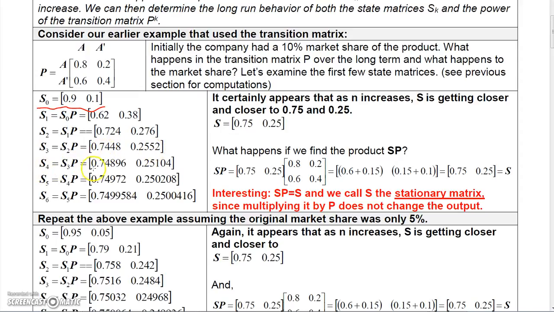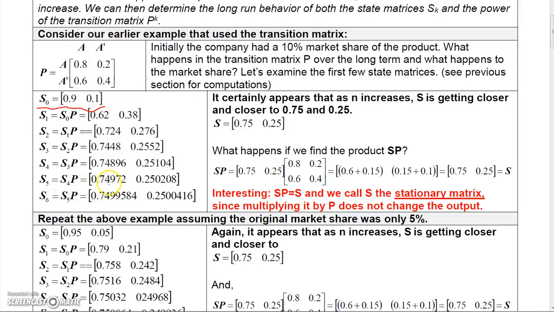And then S4, we notice we're getting 0.74896, 0.25104. And then if we do S5, once again we would just take the initial state matrix and multiply it by P to the fifth. That's one way to get it, so that you don't have to go through each step here.